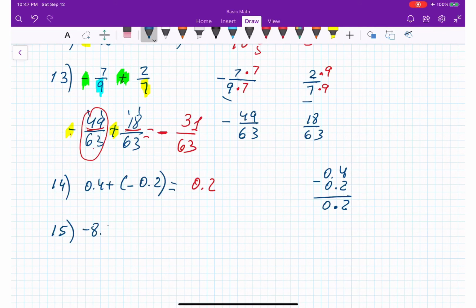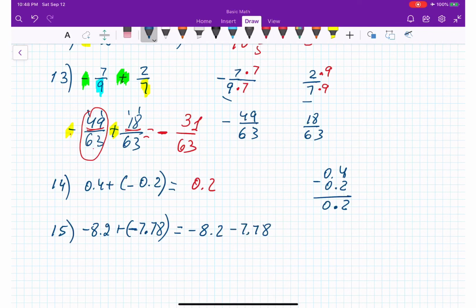Negative 8.2 plus negative 7.78. Here we have both numbers negative. We can write down negative 8.2, negative 7.78.